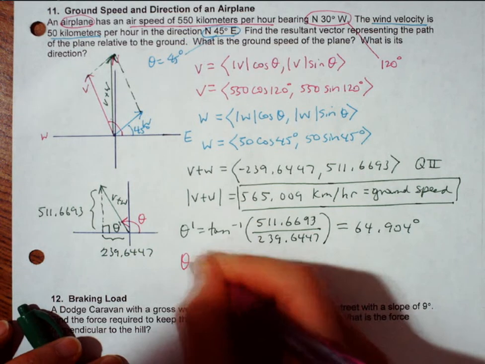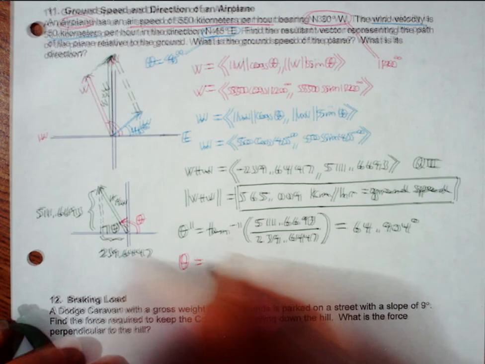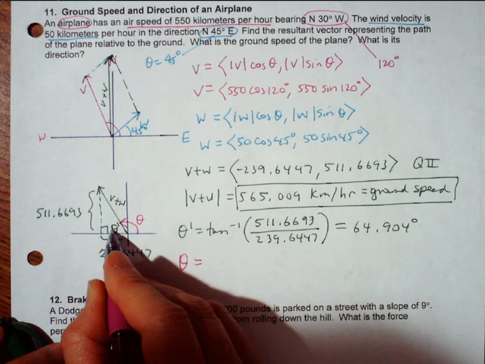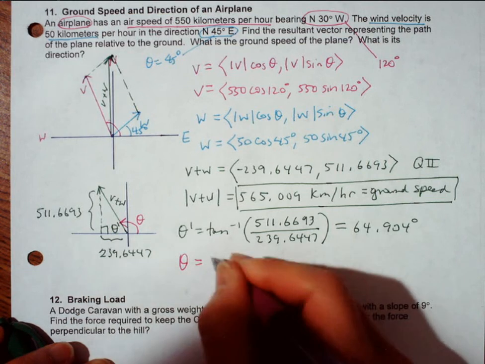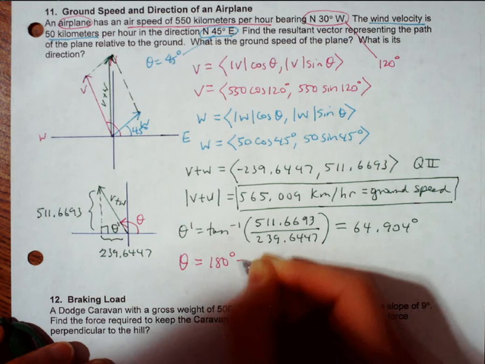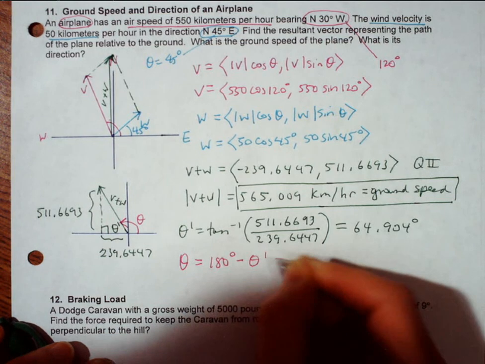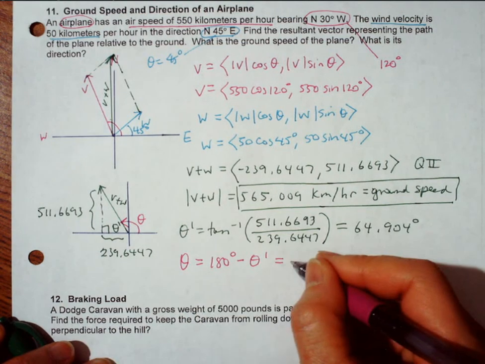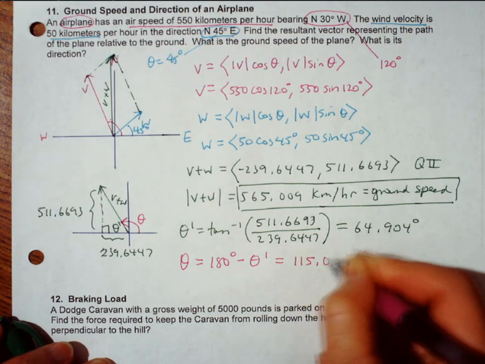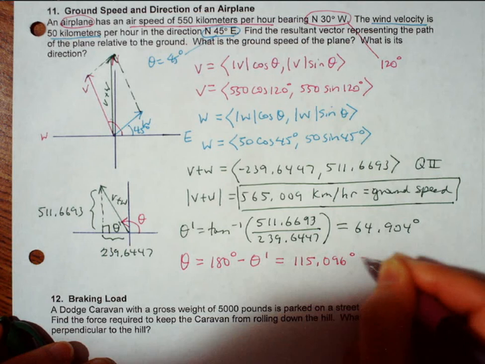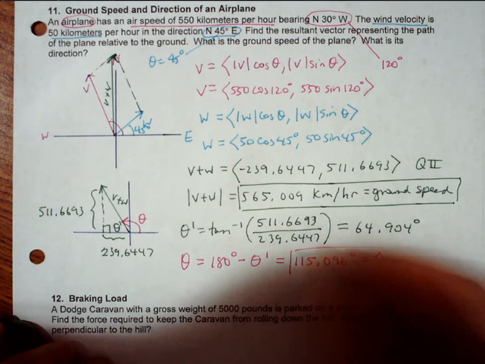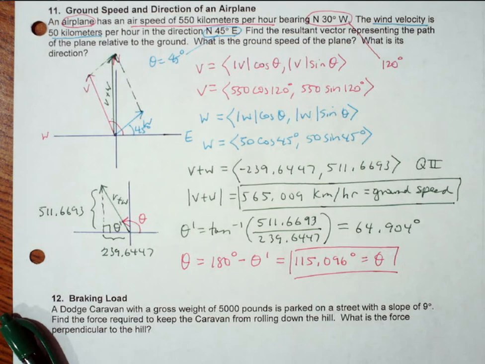This is actually the true angle. So to get theta, it would be 180 degrees, and then I'm going to subtract off theta prime. Okay, so that's going to be 180 degrees minus theta prime. So then the actual angle comes out to 115.096 degrees. So that is your theta.